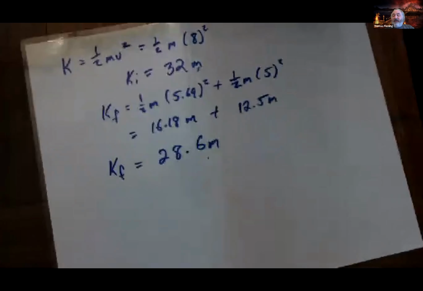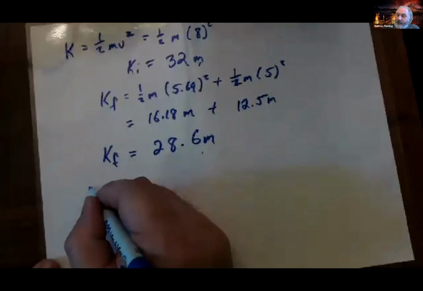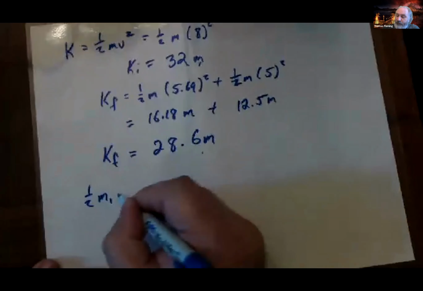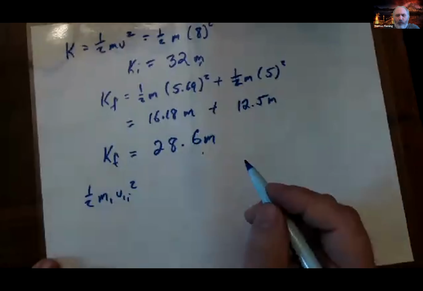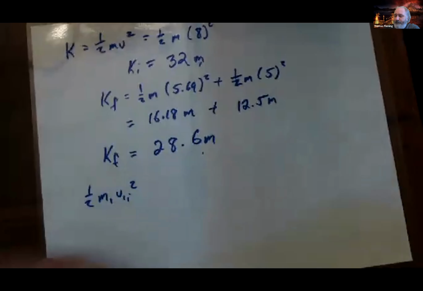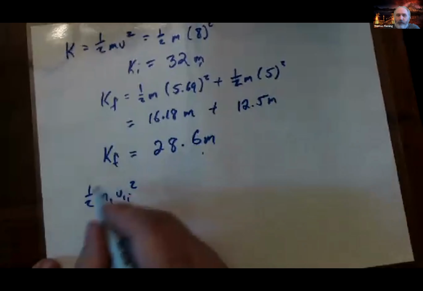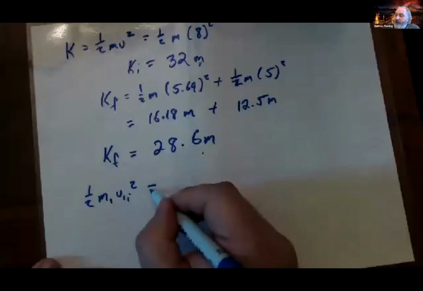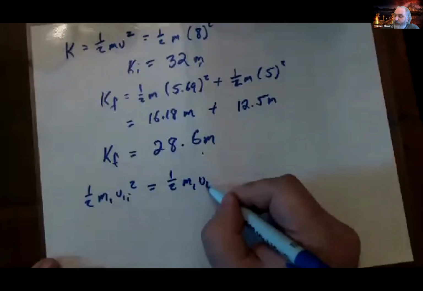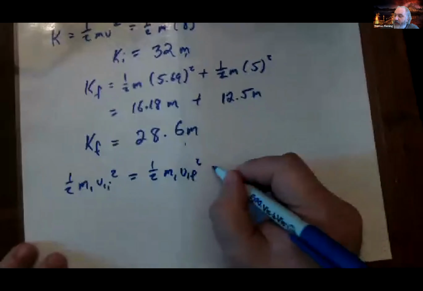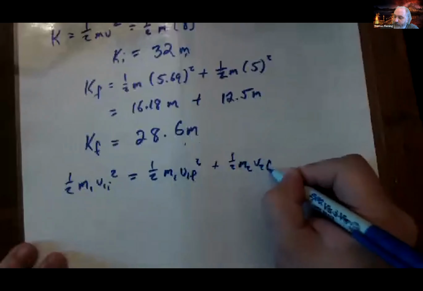If going in it was going to be elastic, I would have had the starting kinetic energy for ball 1, so 1/2 m1 v1 initial squared, plus the kinetic energy of ball 2 before the collision, but remember that was just 0, right? So all my starting kinetic energy is the starting kinetic energy of ball number 1, and that would have to equal 1/2 times m1 times v1 final squared, plus 1/2 times m2 times v2 final squared.